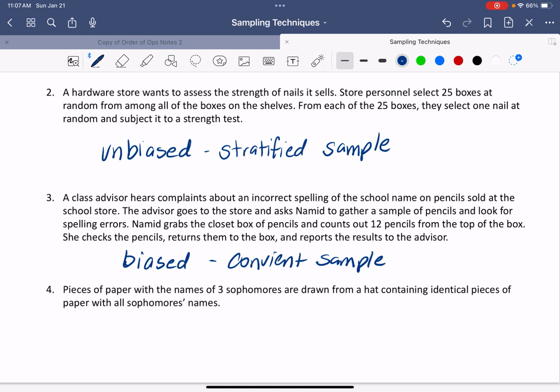So we're not just grabbing sophomores out of a class, right, or the first sophomores we see. We're actually pulling sophomores out of a hat. So like the marble example I gave earlier. So in this instance, this is going to be an unbiased sample. There's no favoritism involved, okay? And there's no system, right? There's no stratification of any of the information. So this is just going to be a simple random sample.